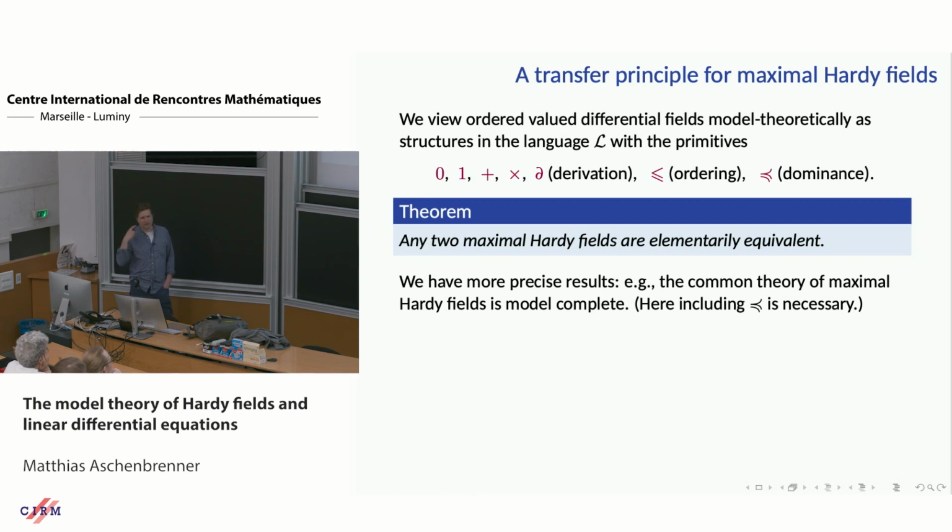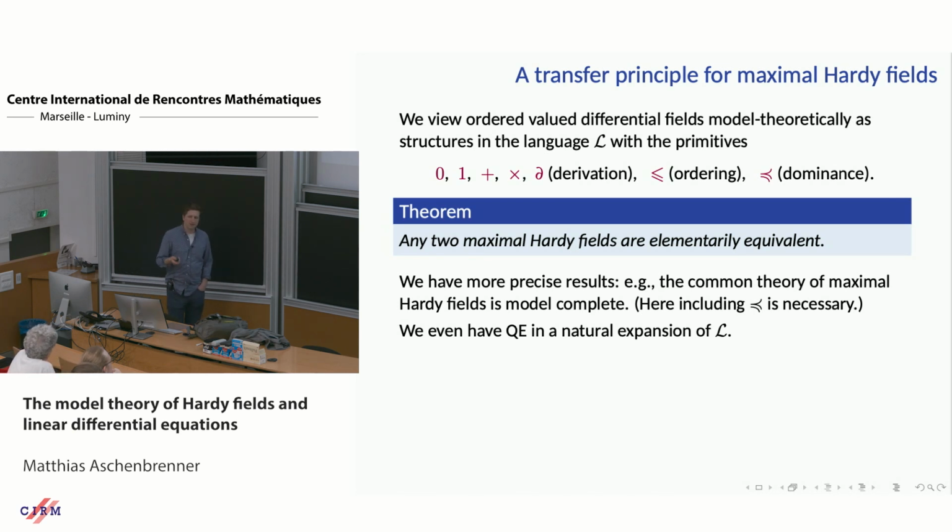The common theory of these maximal Hardy fields is in fact model complete. And for this, we actually need the inclusion of the dominance relation. This is not true if you leave it out. And if you allow yourself to expand your language slightly, essentially just by two convex subsets, then you get quantifier elimination.